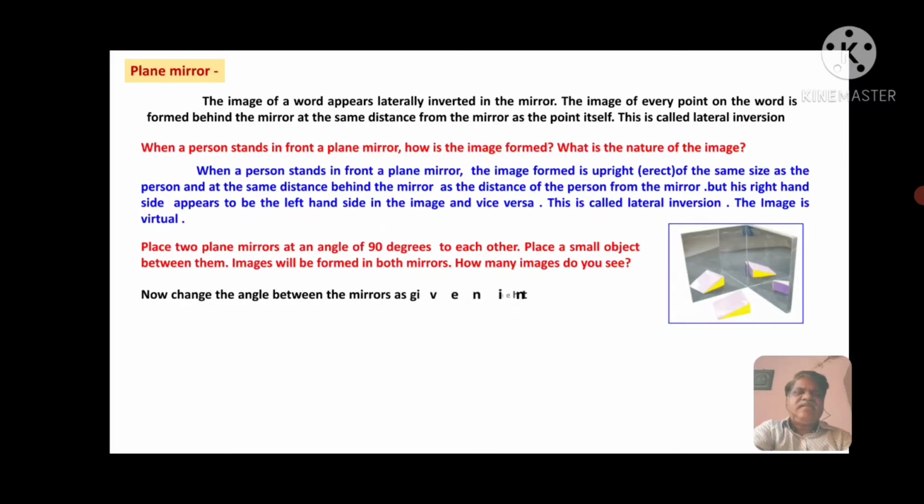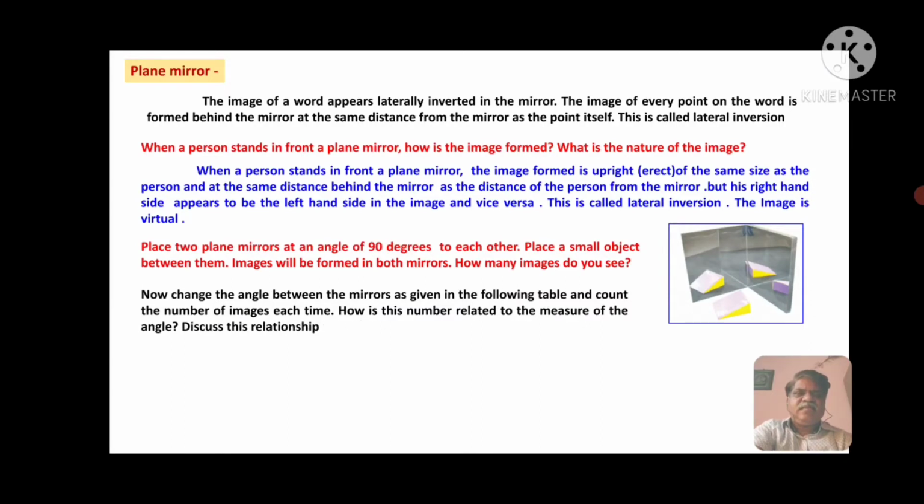Now, change the angle between the mirrors as given in the following table and count the number of images each time. How is the number of images related to the measure of the angle? Discuss the relationship. Here you can see the three images. How is it possible?